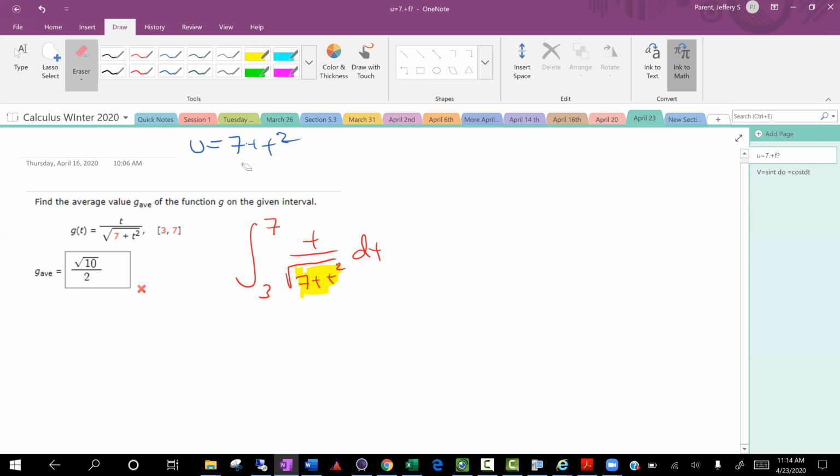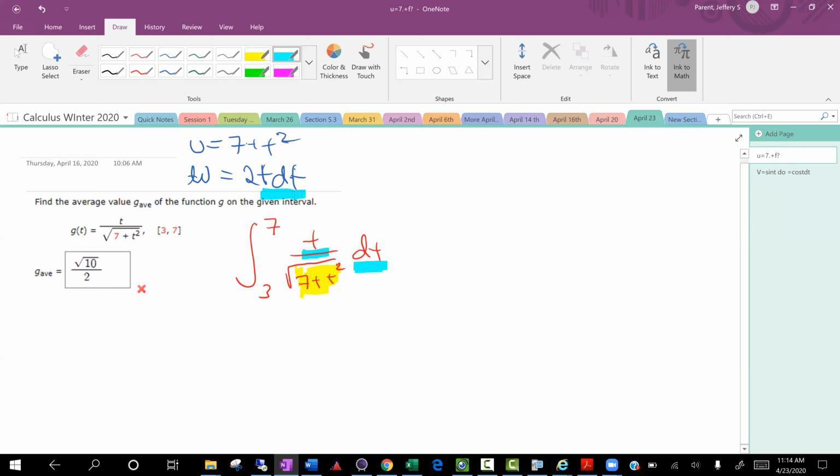If u equals 7 plus t squared, then du would equal 2t dt. It's really du over dt, and then you multiply by dt. Well, let's take a look at what we have in the integral. What I have in the integral is a t and a dt.